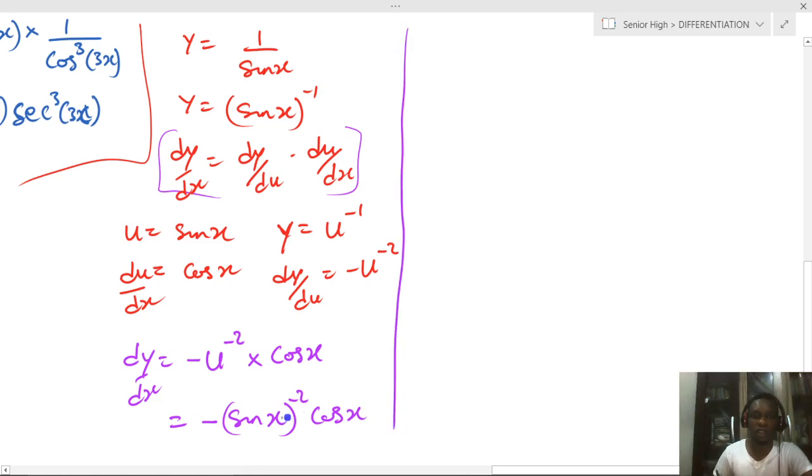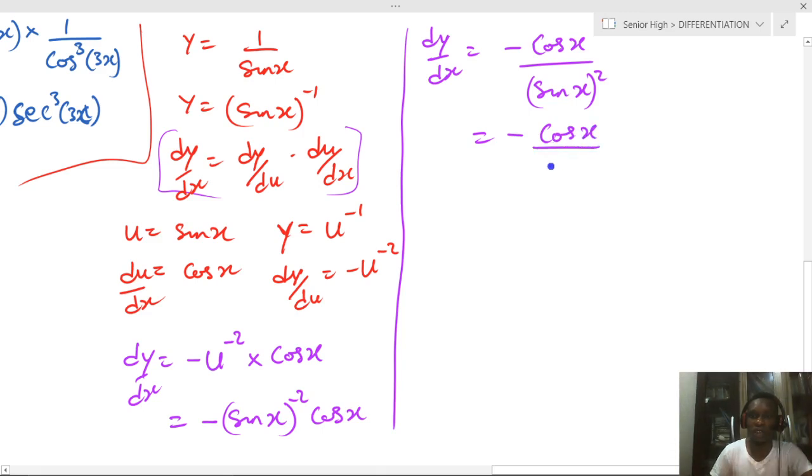I can apply the negative index law here and take that down. That's my dy/dx is equal to minus cos x over sine x raised to the power of 2, which is minus cos x over sine square x.